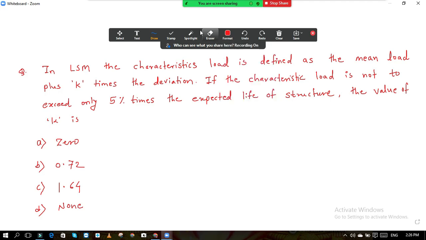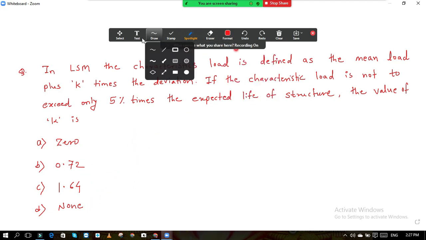Now I will read the question once again. In LSM, limit state method, the characteristic load is defined as the mean load plus k times the deviation. So if the characteristic load is not to exceed only 5% times the expected life of structure, the value of k is 0.72, 1.64, none.